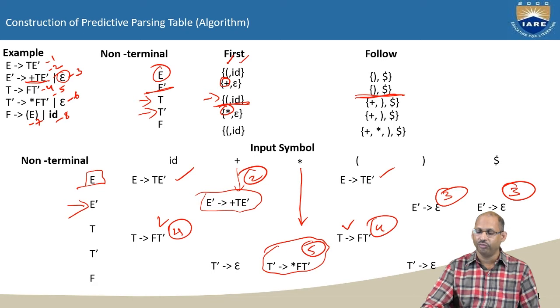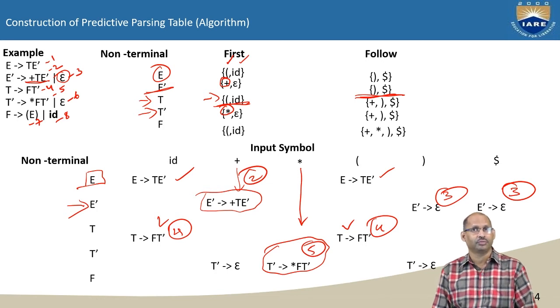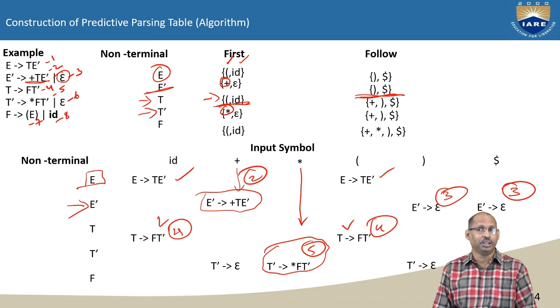This is the fifth production. Where do we have to write the fifth production? The fifth production is written in the multiplication column, in the T dash row and multiplication column. In the multiplication column, T dash gives star FT dash.